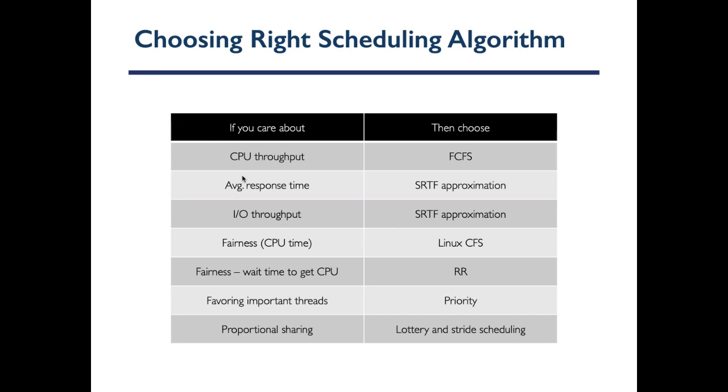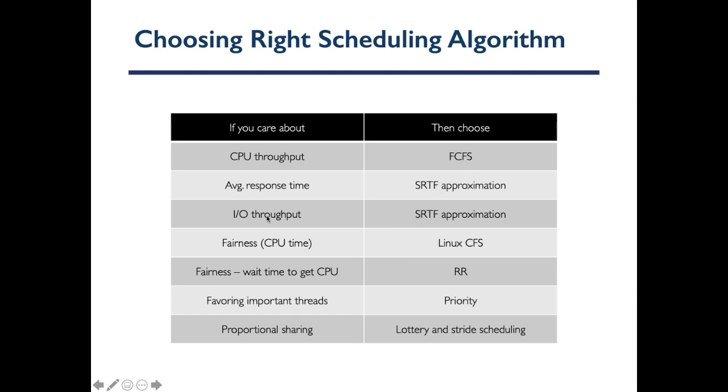Okay, and this is basically a summary, if you wish, of different scheduling policies and what they serve. For instance, if you really care about CPU throughput, FCFS is your choice. If you care about average response time, then go with shortest remaining task first.